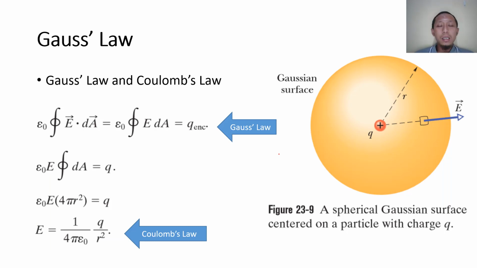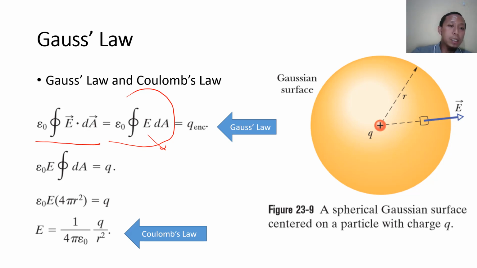And then this is the relationship between the Gauss law and Coulomb law. We have the Gauss law from before: epsilon 0 dot the surface integral of E dot dA is equal to q enclosed. Because E is constant, we just calculate the surface integral of dA.